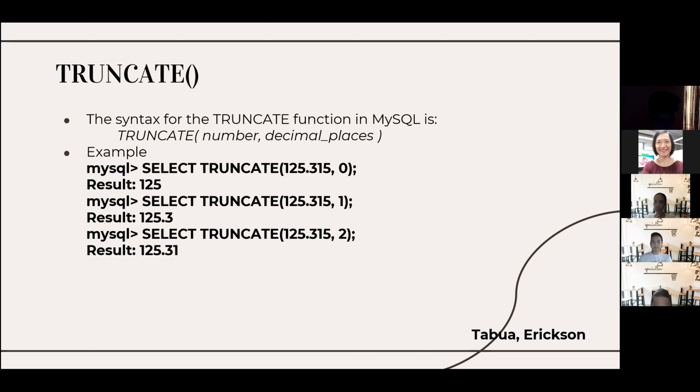The example is SELECT TRUNCATE(125.315, 0) and the result is 125, because the value is 0 and the result is 125.